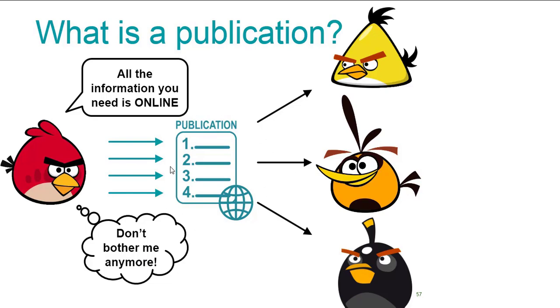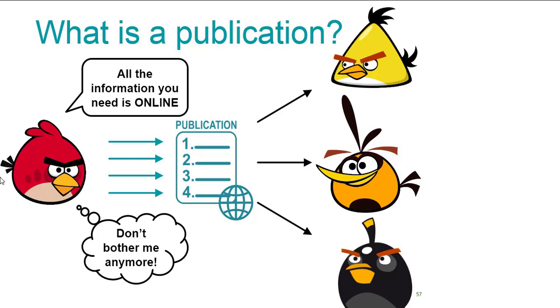Later, if the red bird wants to modify this website or this publication, he can do it easily, while the yellow part, the different birds, still have access to the same website. So this is the publication: it simplifies or facilitates the communication between the driving part and the driven part, the contextual part receiving the information from it.